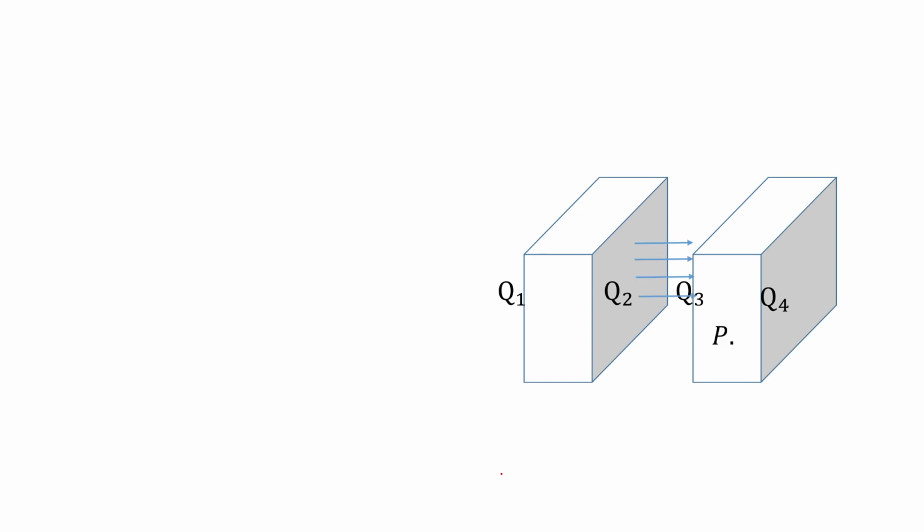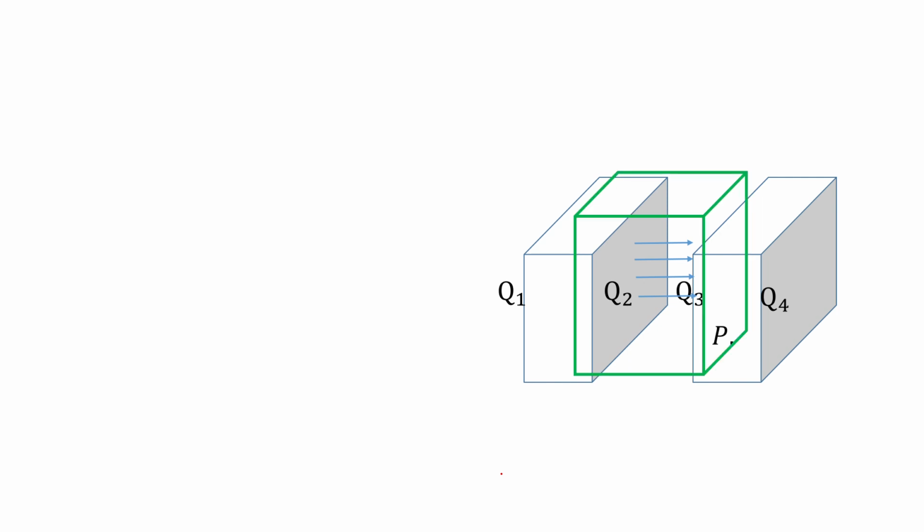Now this is our parallel plate capacitor, and we have electric field in rightward direction. If we take a Gaussian surface, this green box is our Gaussian surface. What we will observe is that there is no electric field within the second conductor, and there is no electric field within this conductor.